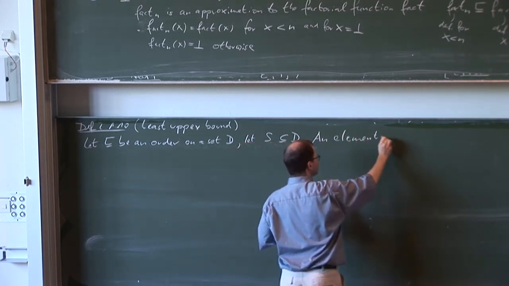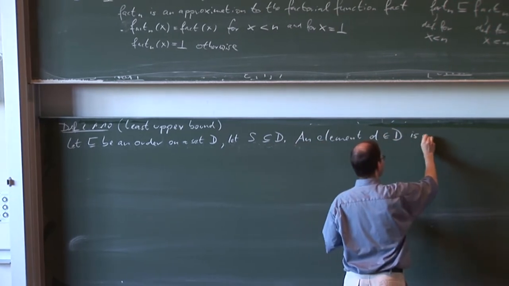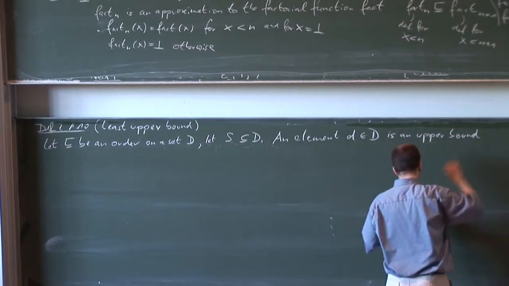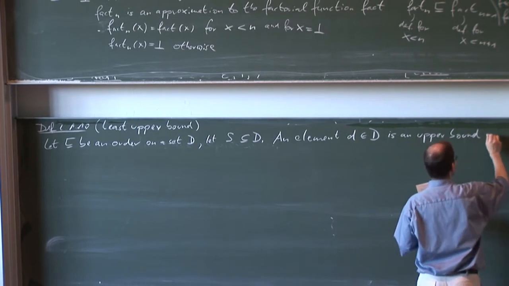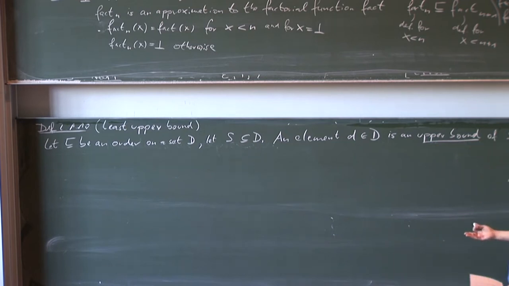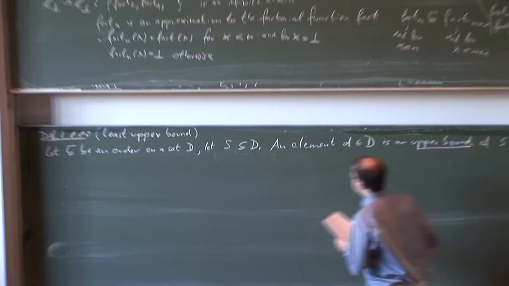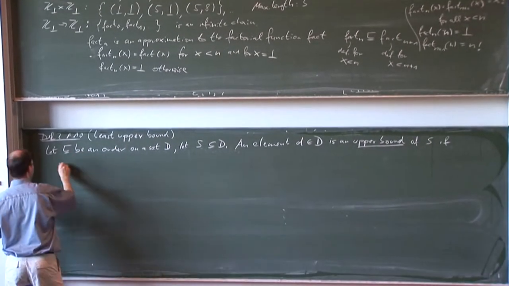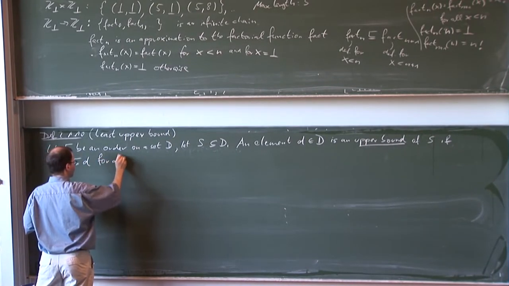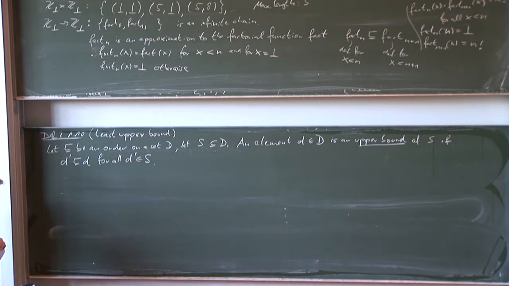So an element small d out of big D is an upper bound of S if it's bigger or equal than all elements of S. So if d' is less than or equal than d for all d' out of S. So this is what upper bound means.